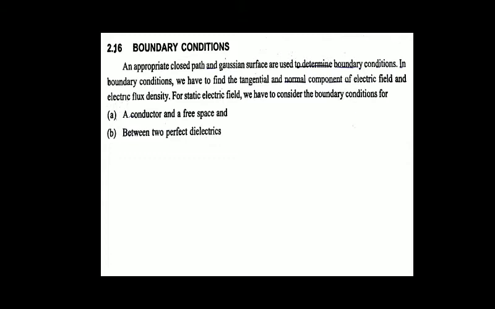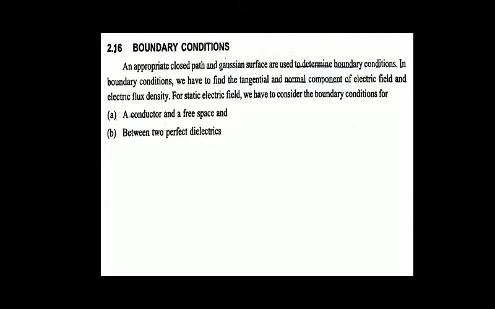The components are the tangential component and the normal component. So in boundary conditions we have to find the tangential and normal components of the electric field and electric flux density. We will consider the static electric field.